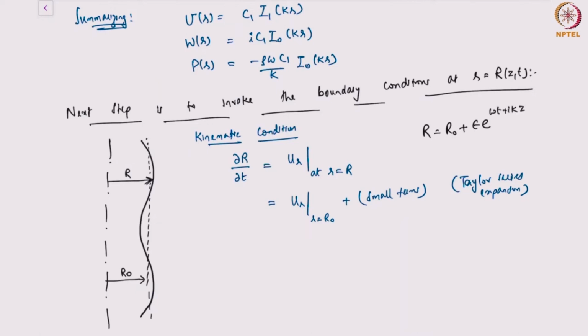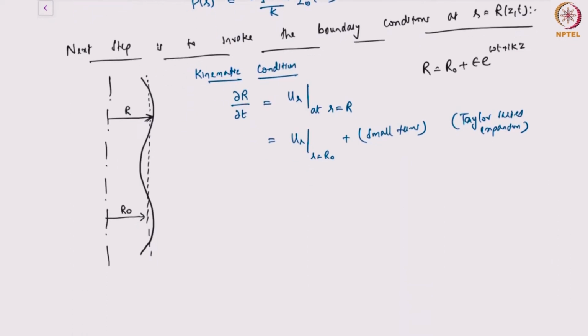The small terms will involve a product of the amplitude of the radius, that is epsilon, multiplied by the derivatives of the velocity with respect to r. Therefore, it will be a product of two perturbations, a radial perturbation and a velocity perturbation, and the product of the perturbations would be small. And therefore, the boundary condition is not applied at r equals capital R, but at r equals r naught, which is on the undisturbed interface.